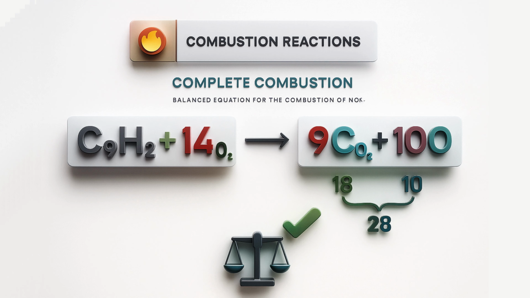On the product side, we now have 9 CO2s, which give 18 oxygen atoms, and 10 H2Os, giving 10 oxygen atoms, so 28 oxygen atoms in total. That means we need 14 O2 molecules on the left-hand side. The balanced equation becomes C9H20 plus 14O2 gives 9CO2 plus 10H2O.